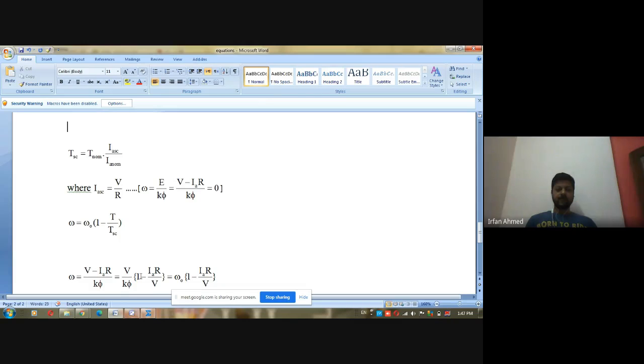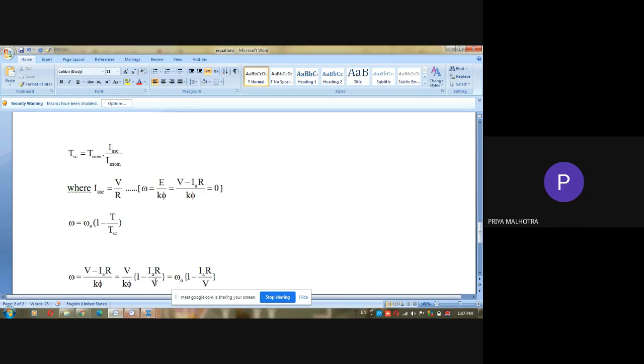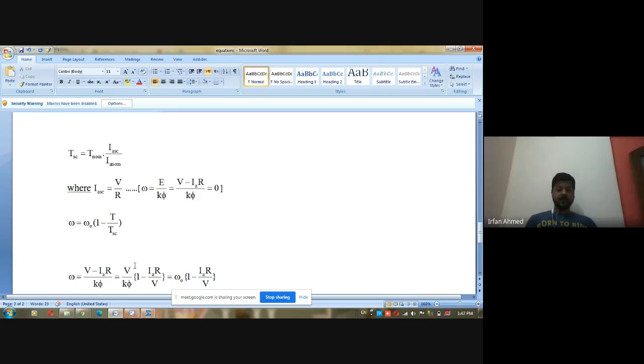So we are left with 1 minus IAR upon V. Correct? Now this V upon K phi is nothing but the no load speed omega 0, as we have already seen. So omega becomes equal to omega 0 into 1 minus IAR upon V.